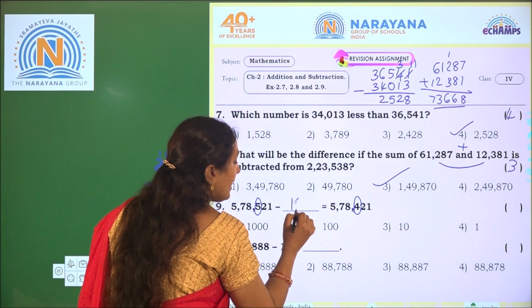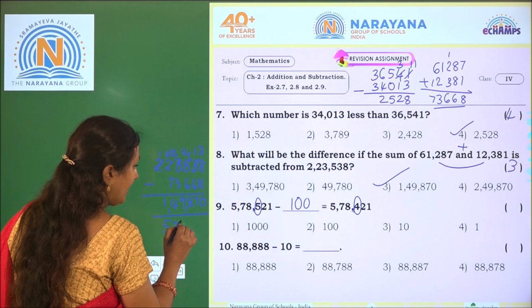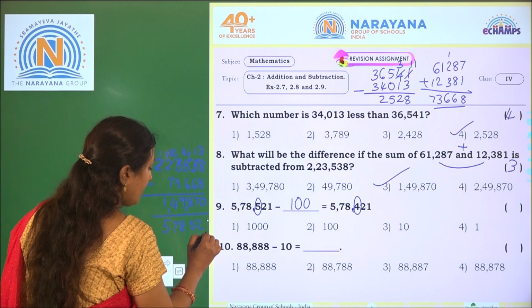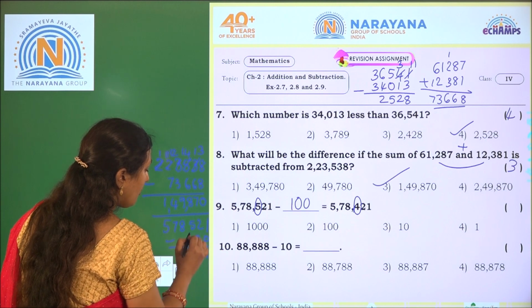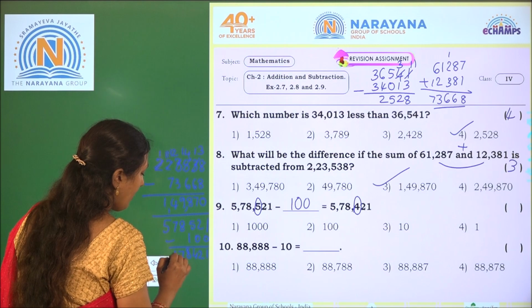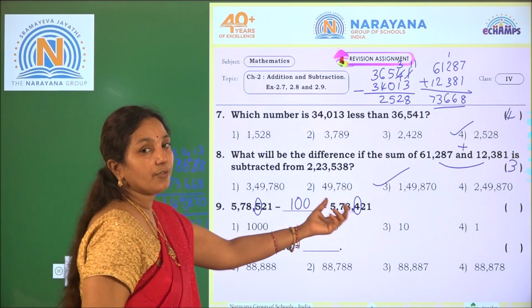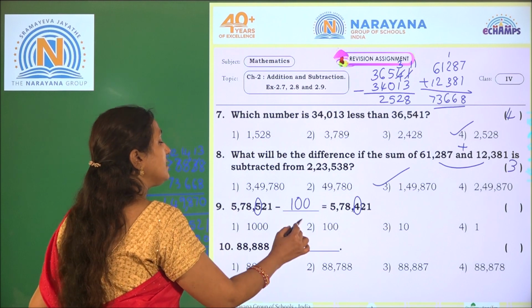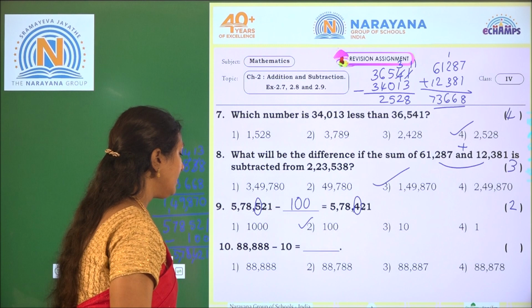Simply you can say 100. So 5,78,521 minus 100 gives 5,78,421. So which is the correct option from the following? Option 2.